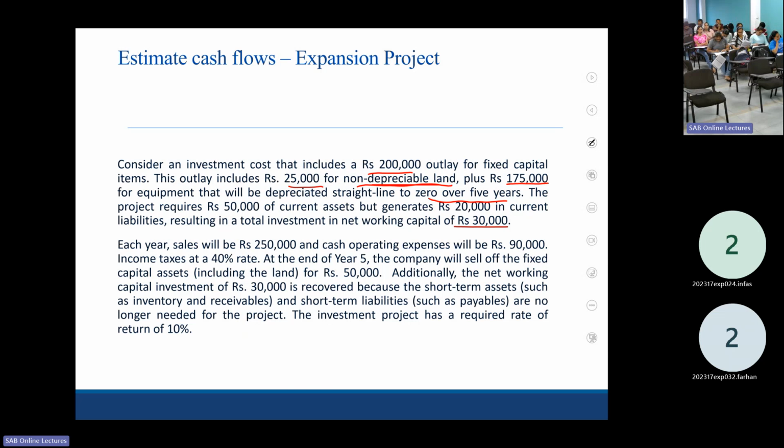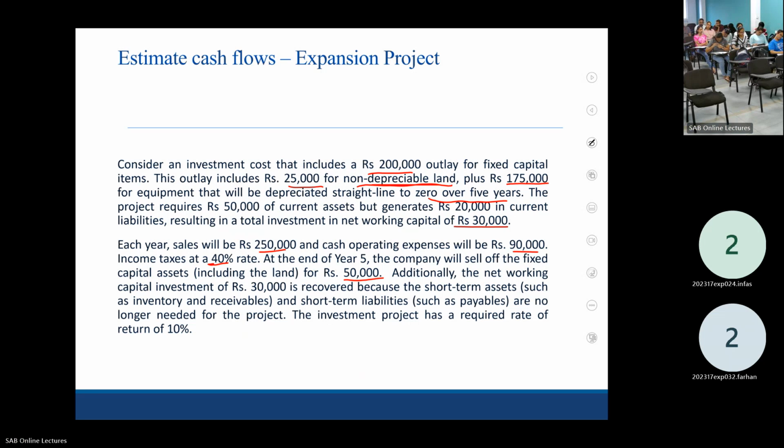Each year, sales will be 250,000. Operating expenses will be 90,000. The income tax rate is 40%. At the end of year 5, the company will sell off the fixed capital asset, including the land, for 50,000.